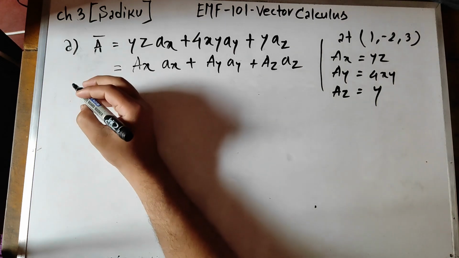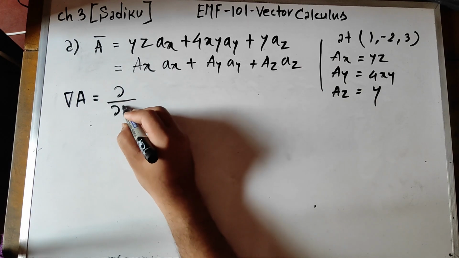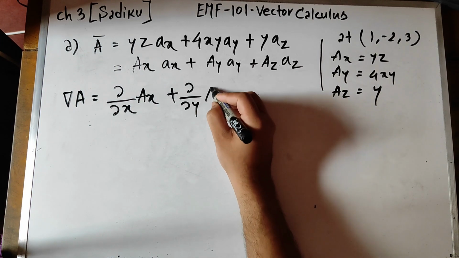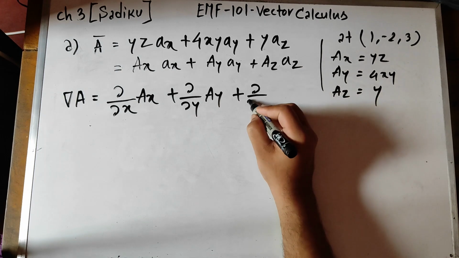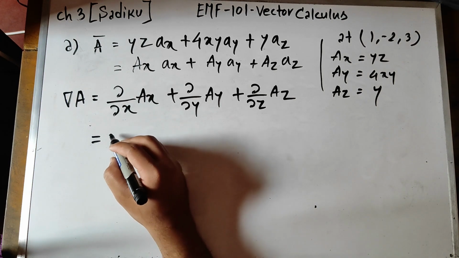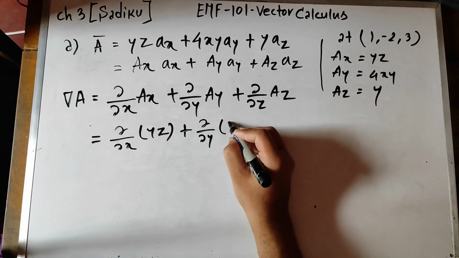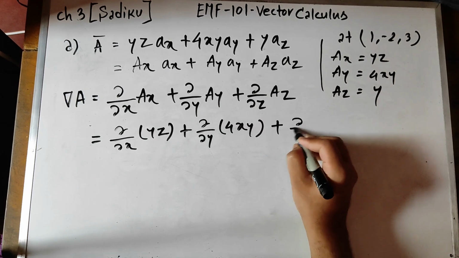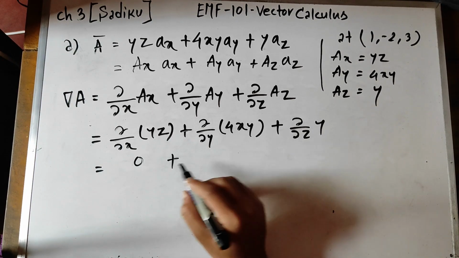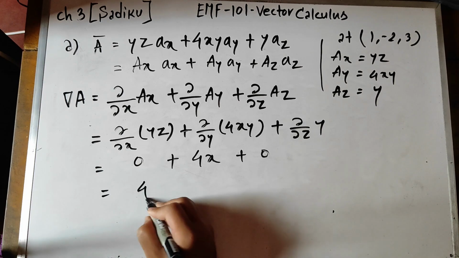So we take the divergence of this vector, which is del by del x of ax plus partial differentiation with respect to y of ay plus partial differentiation with respect to z of az. That gives yz differentiated with respect to x, plus del by del y of 4xy, plus del by del z of y. So 0, plus 4x, plus 0, thus 4x.